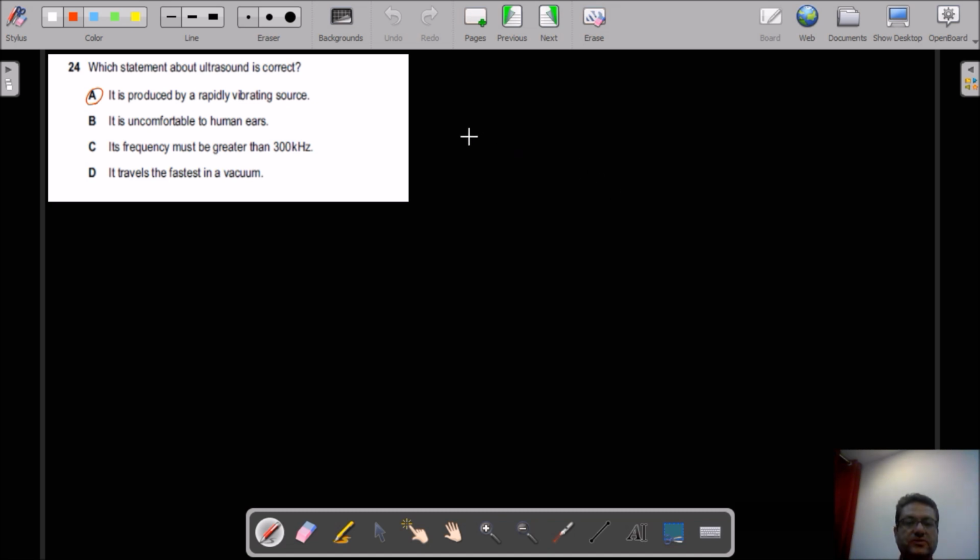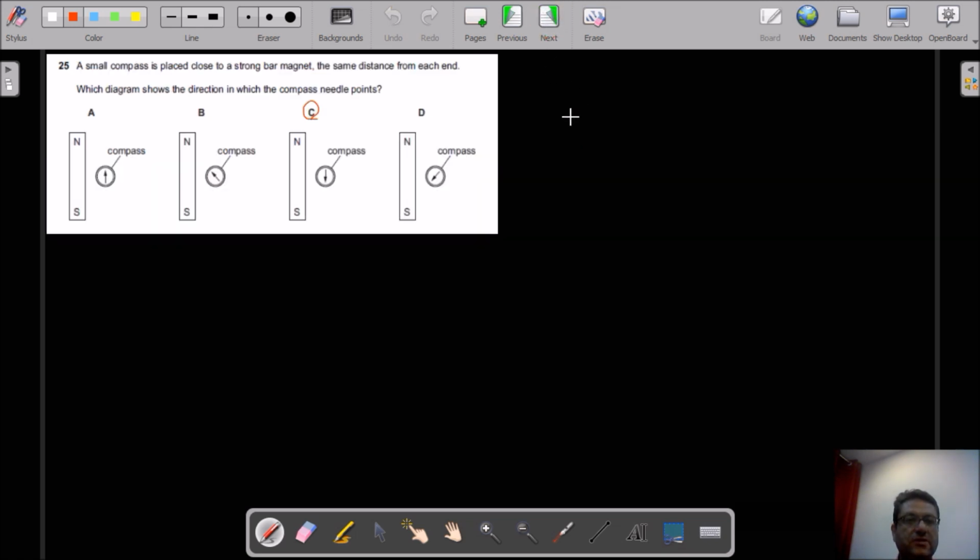No, because we know that the range of audible frequency is 20 hertz to 20,000 hertz or 20 kilohertz, and more than that will be ultrasound, so it is not greater than 300 kilohertz. It travels the fastest in a vacuum. No, because sound cannot travel in a vacuum. That's why D also will be wrong. So A is right, question 24.